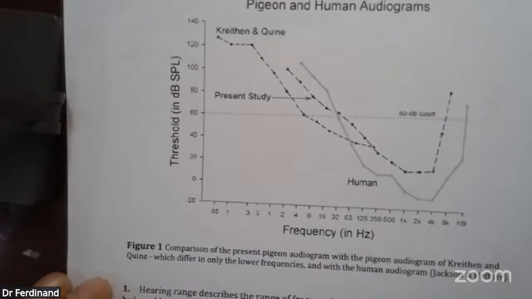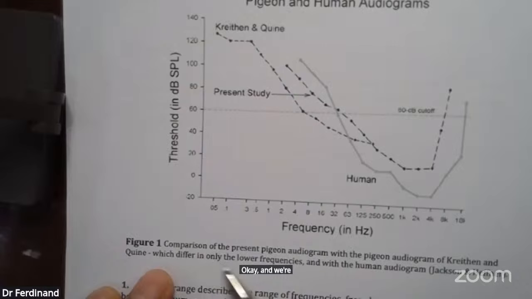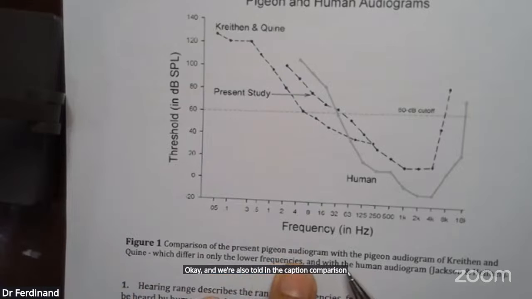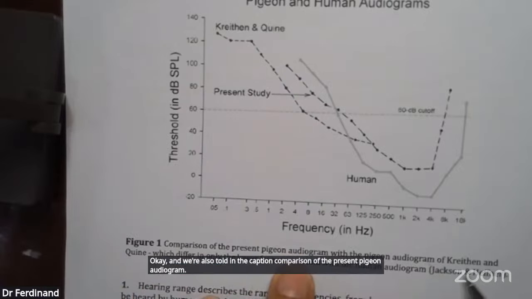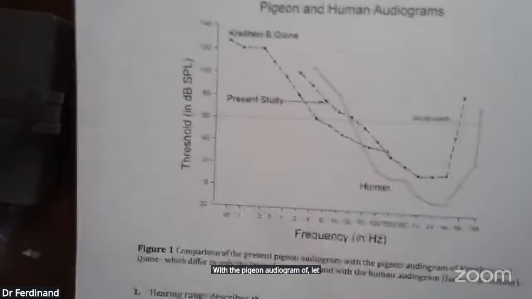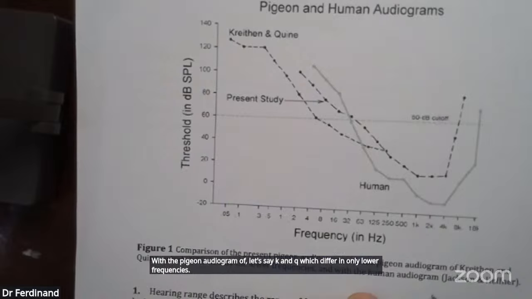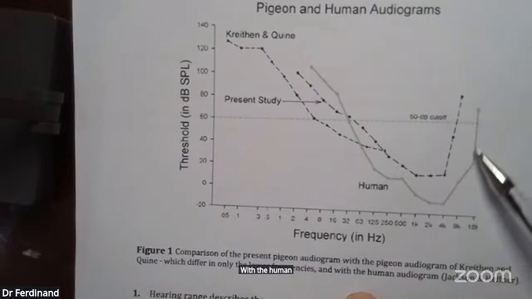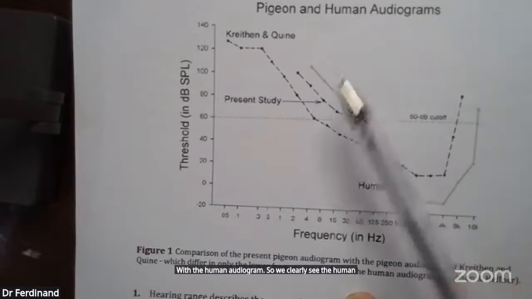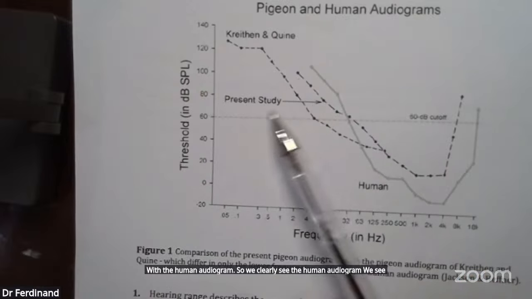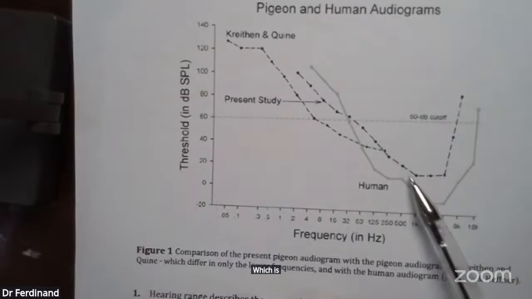Okay, and we're also told in the caption: comparison of the present pigeon audiogram with the pigeon audiogram of, let's say, K and Q, which differ in only lower frequencies with the human audiogram. So we clearly see the human audiogram. We see the present study, which is here, going like this.